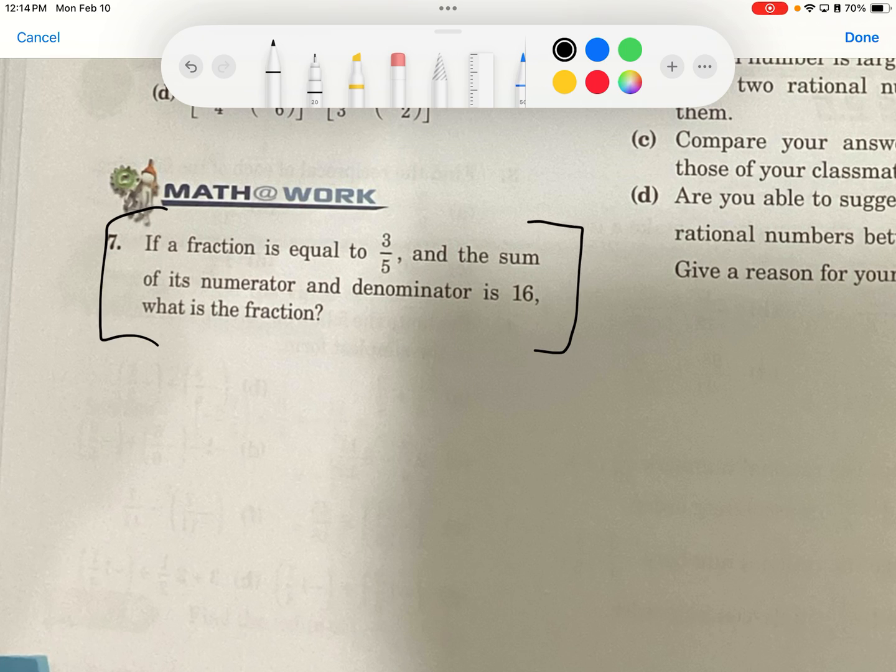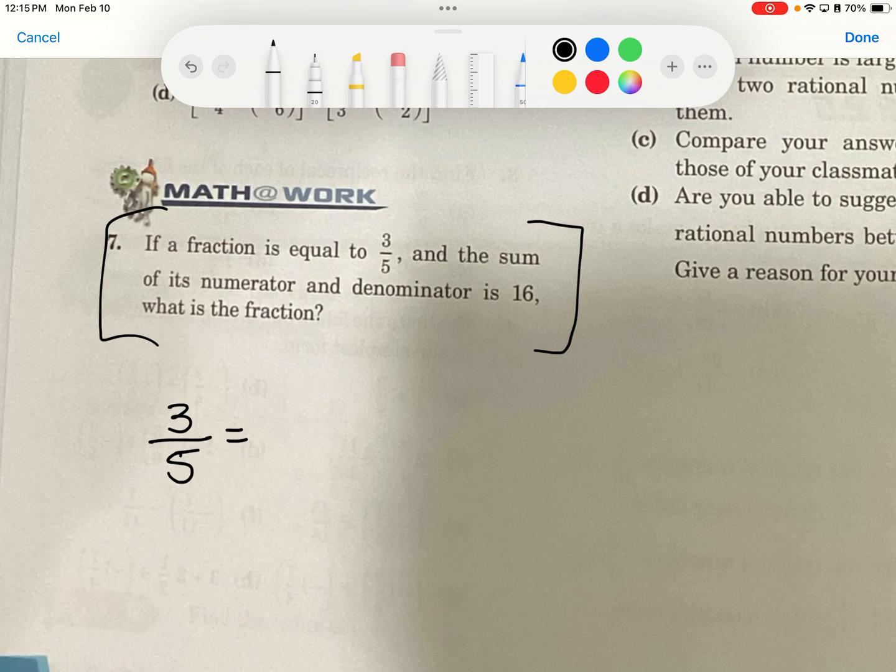I'm not sure that we will, but if a fraction is equal to 3/5 and the sum of the numerator and denominator is 16, what is the fraction? Well, then it would be 8, it has to be equal to 3/5.